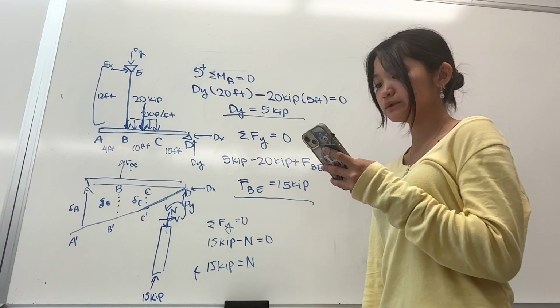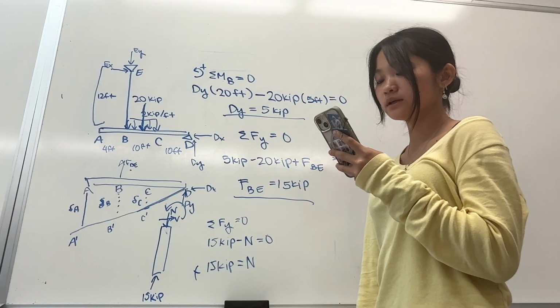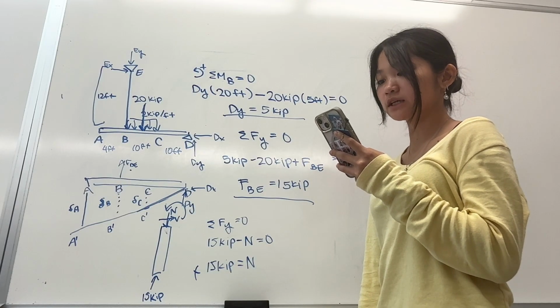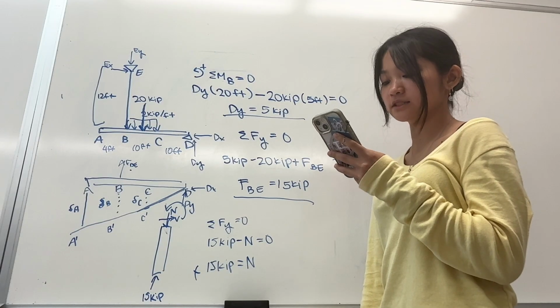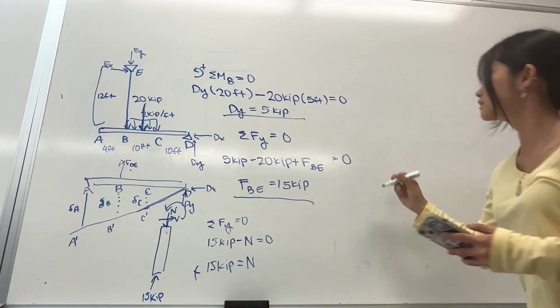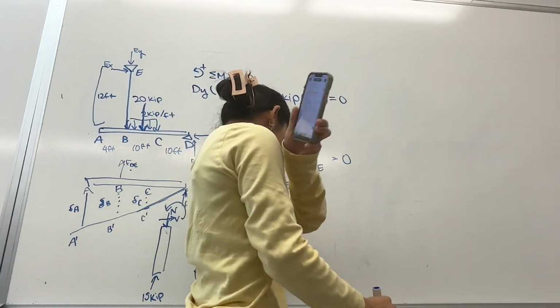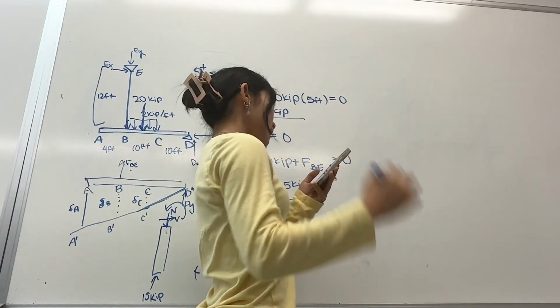So now we can finally compute the change in length of the cable. Use modulus of elasticity equals 29,000 ksi. I think I have enough space. I guess I can write like this.